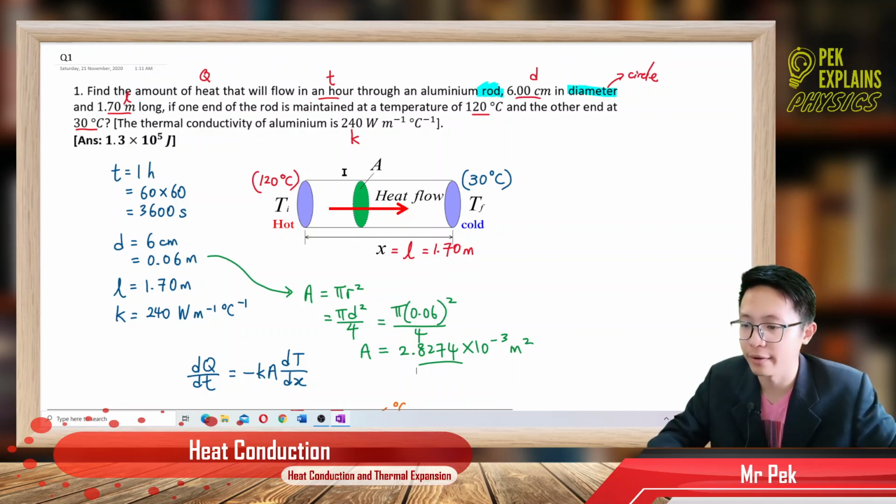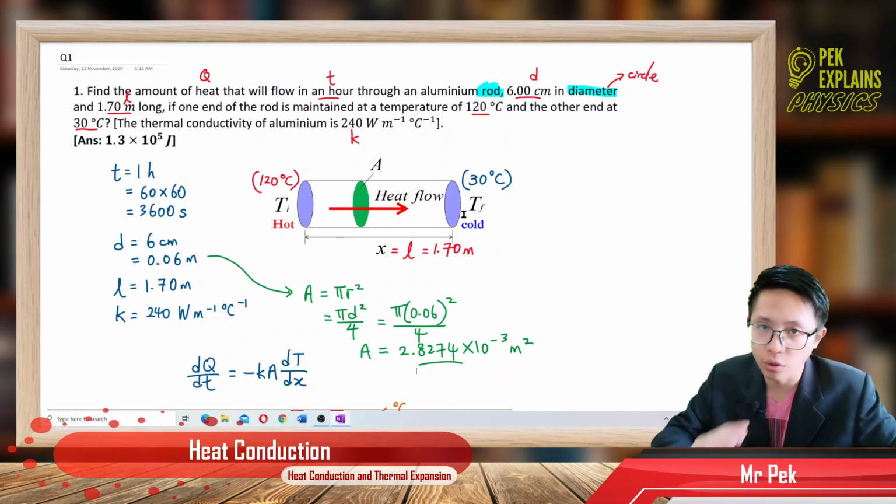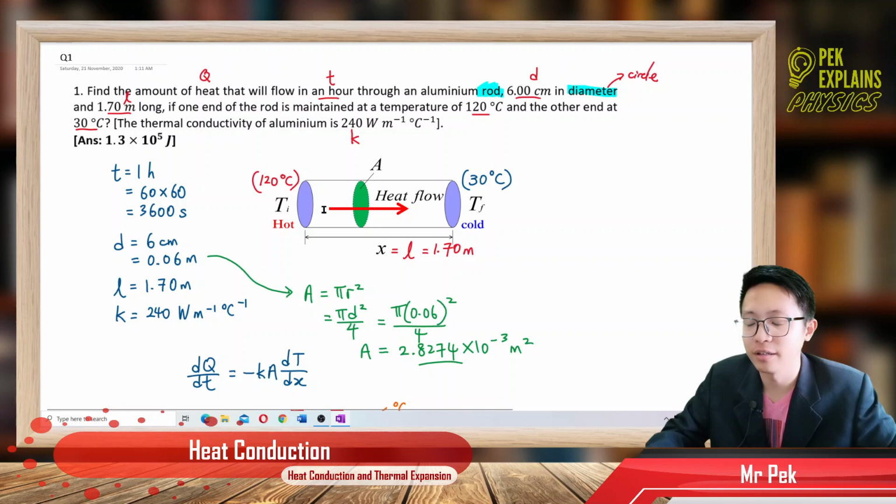So you look at this diagram. The heat always flows from hot end to cold end. Never does the heat flow from cold to hot end. We call it the net heat flow, which is always from the hot end to the cold end.